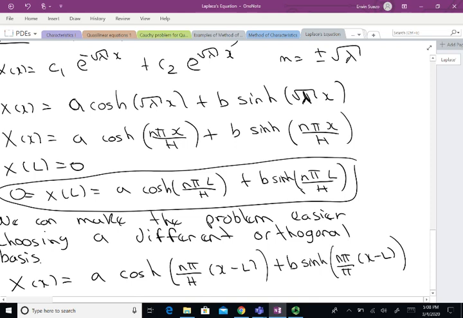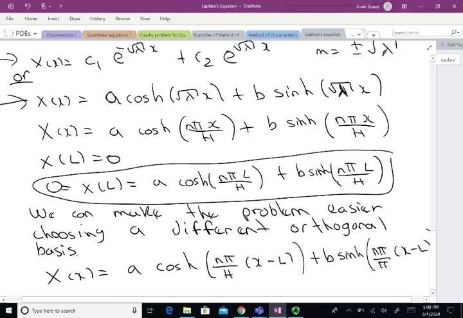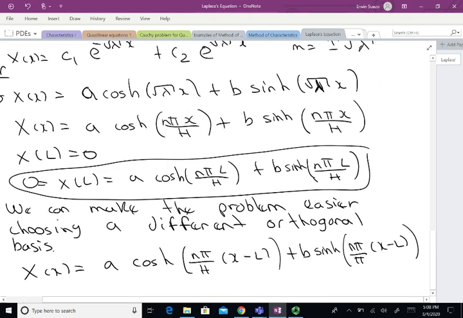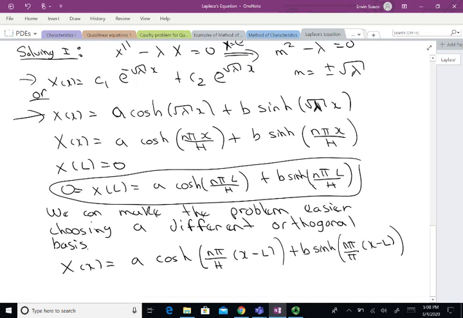This will also be a solution of the equation because it's just a translation.